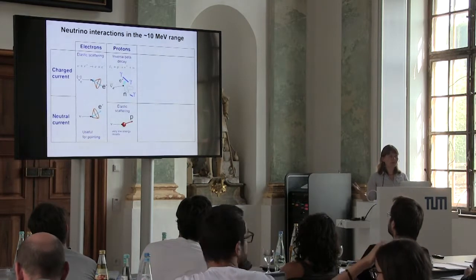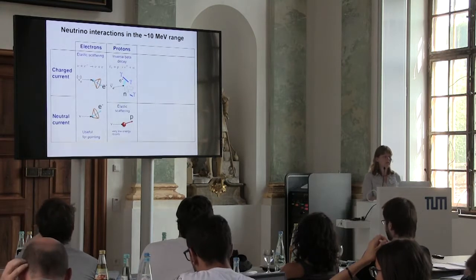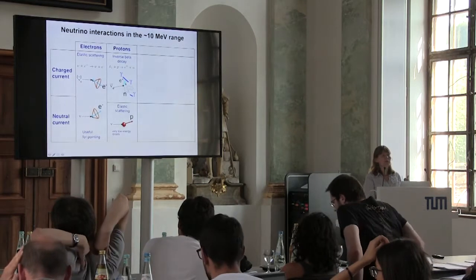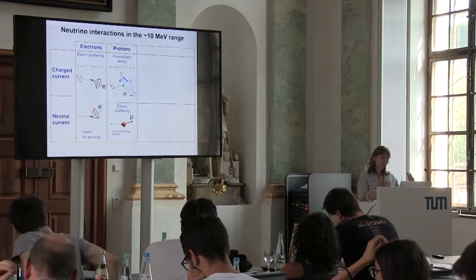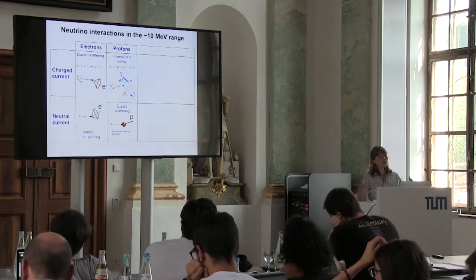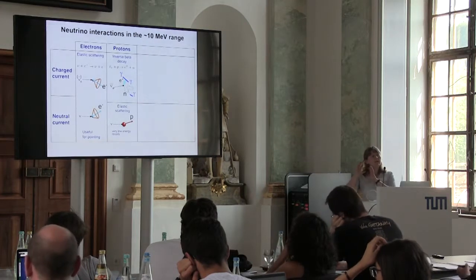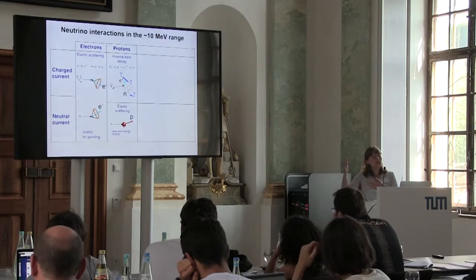Then you have protons, also simple targets, and the relevant interactions here, this is actually a very important one in general, inverse beta decay. I alluded to it in the first talk. This is an electron antineutrino interacting with a free proton in, for example, water or hydrocarbon. What you get is a positron, which is a charged particle that you can see in your detector, and a neutron.